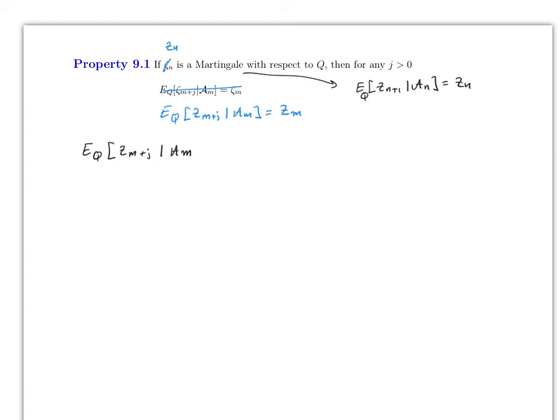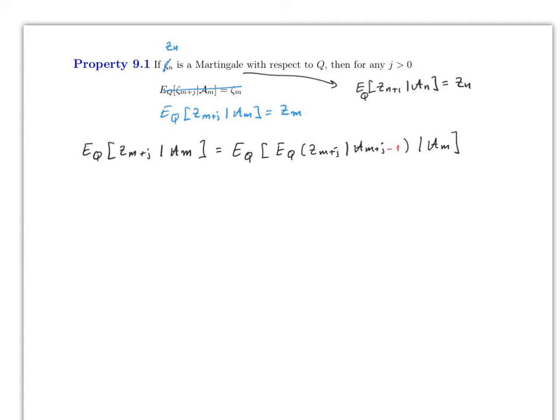Remember that's what it means to be a martingale. So then if we use the nested expectation, which is what we used in the last class, this will be equal to the expected value of Z_{m+j} given A_{m+j-1}, and then given A_m. So this minus 1 is very important.